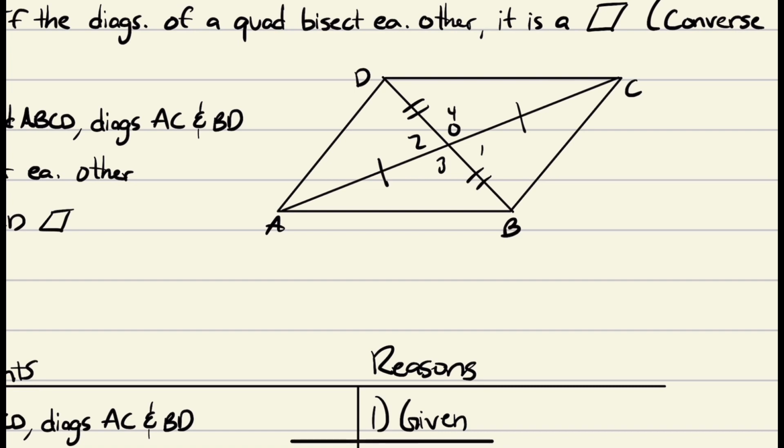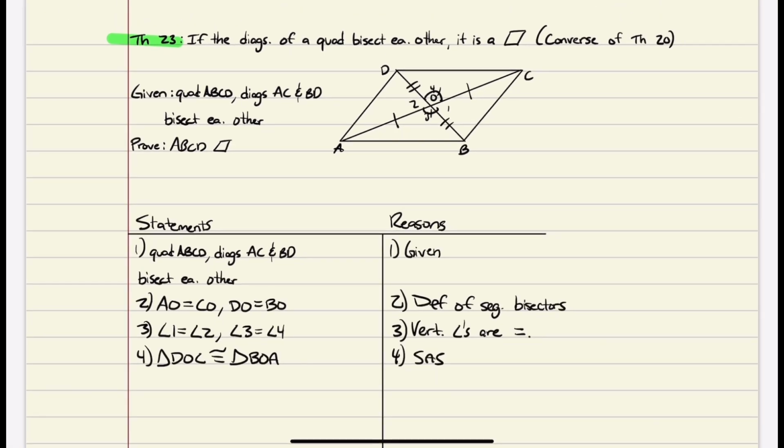We can say that because we already have two sides of one triangle equal respectively to two sides of another triangle. And then we just stated that the vertical angles are equal. This angle is equal to that angle. Angle 3 equals angle 4. So those two triangles are congruent.